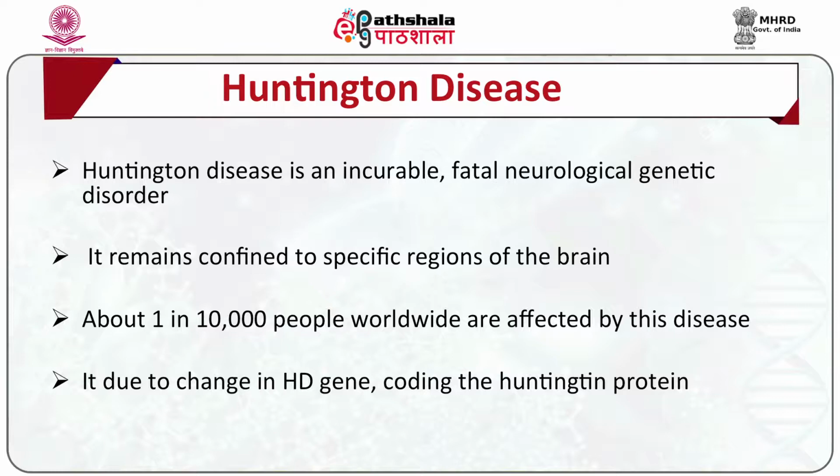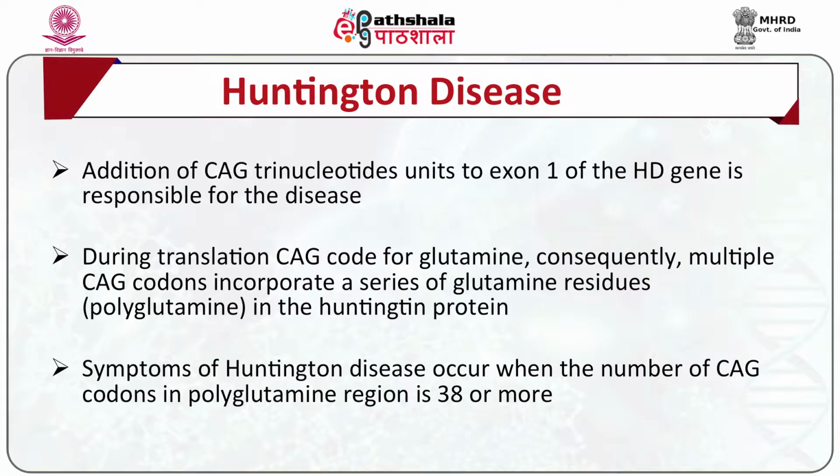The disease is due to change in the HD gene, which codes for the protein Huntingtin. It has been seen that addition of CAG trinucleotide units to exon 1 of the HD gene is responsible for the disease.